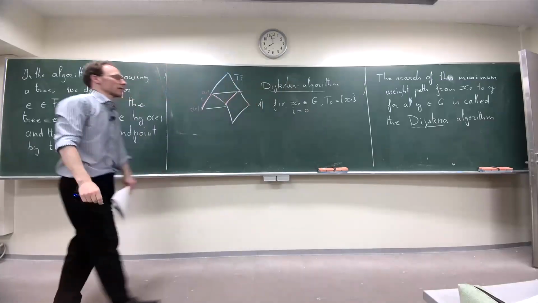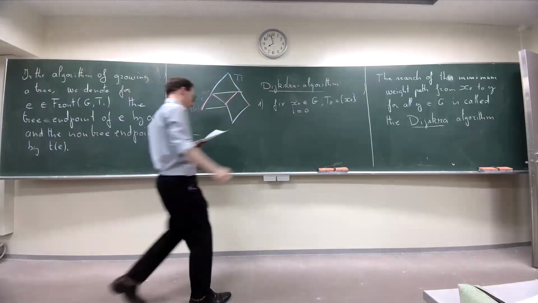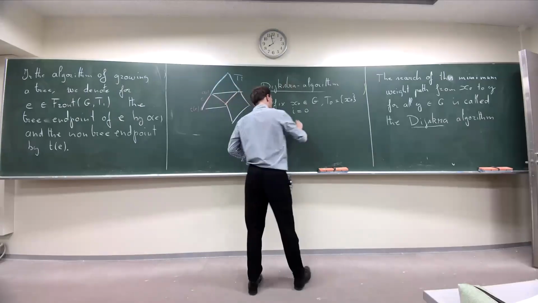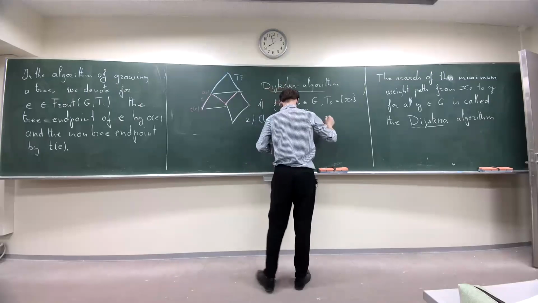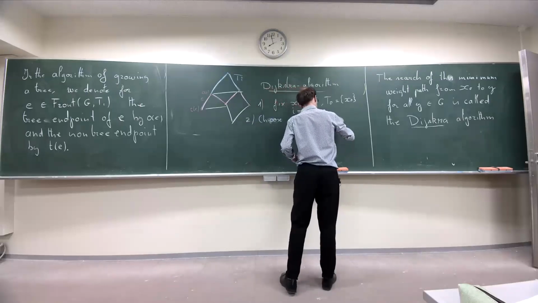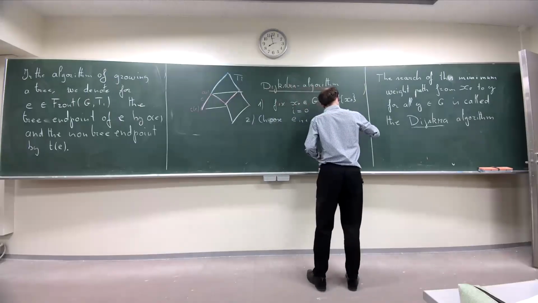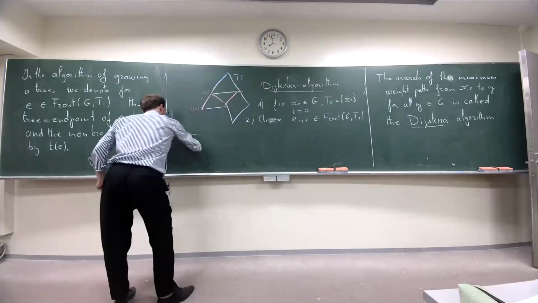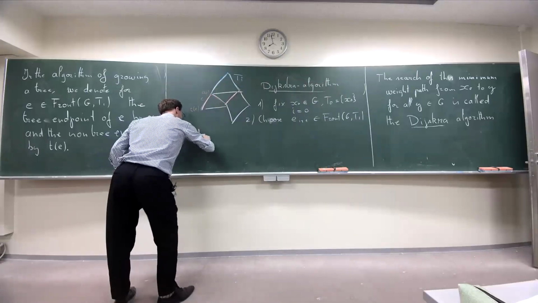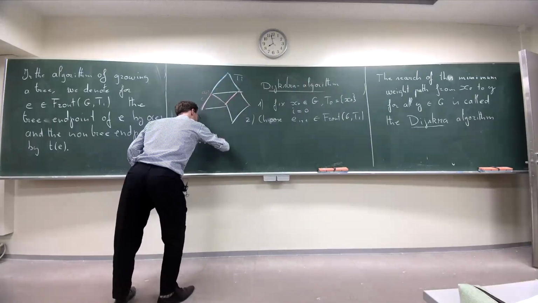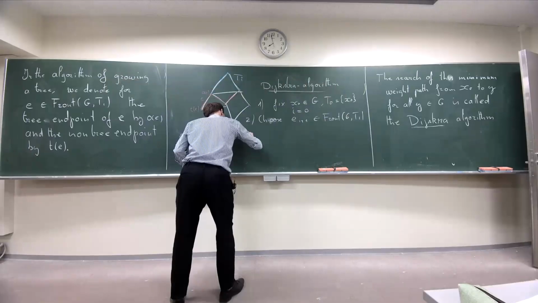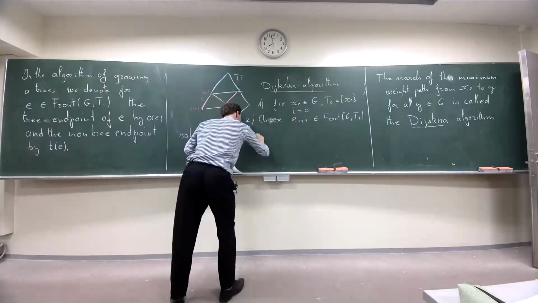So this is the same as drawing the tree, the first step. Now choose, and this is the clever part, choose E(i+1) inside this frontier set, satisfying... okay, I realize I had not introduced one thing, but we will see.